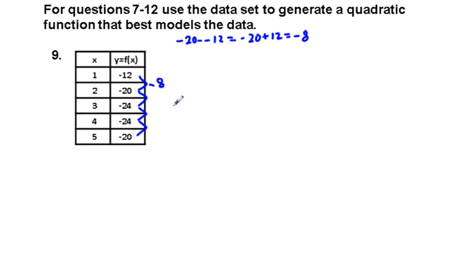Negative 8 is our first difference. Next, negative 24 minus negative 20, which is going to be negative 4. Then negative 24 minus negative 24, which is 0. And finally, our last first difference is going to be negative 20 minus negative 24, which is going to be plus 4. So these will be our first differences.